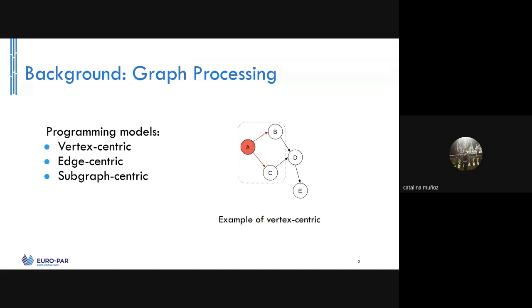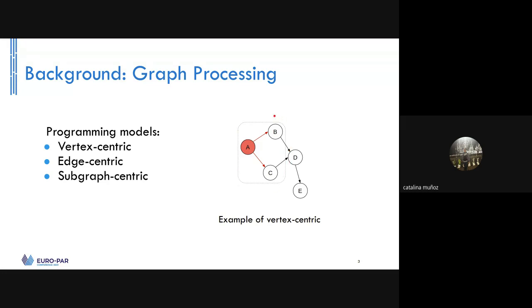So they require specific programming models to write programs, specifically parallel programs. An example of a programming model for graph processing is the vertex-centric model, which basically motivates the programmer to think like a vertex and operate a single vertex at a time, right? And to use the edges as incoming or outgoing messages to the neighboring area.